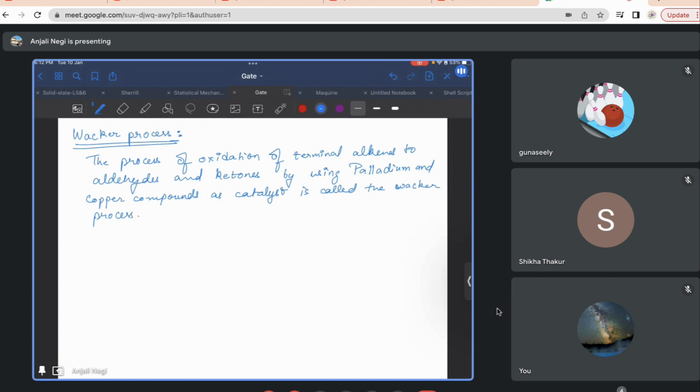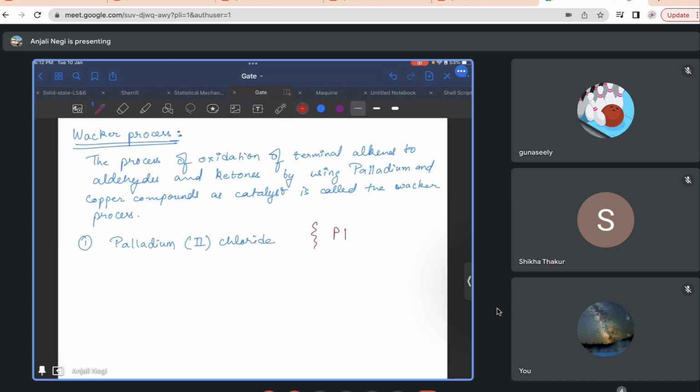Now the palladium and the copper compounds which are used as catalyst are actually palladium with oxidation state 2, chloride. I will just make a short note for you.